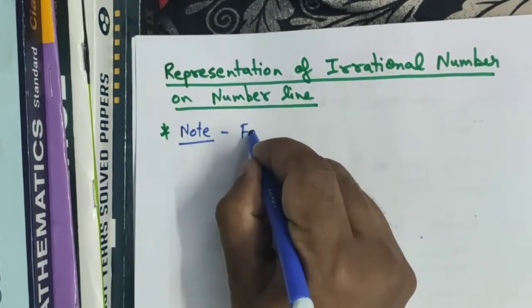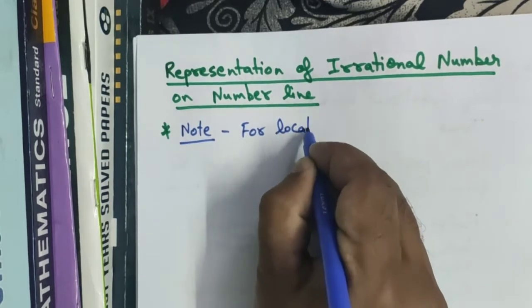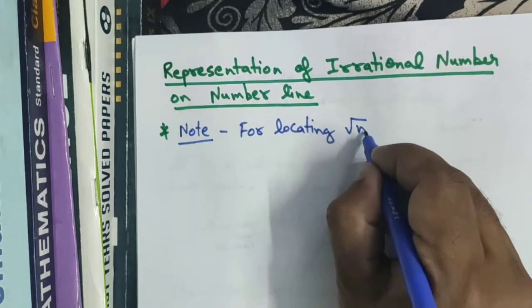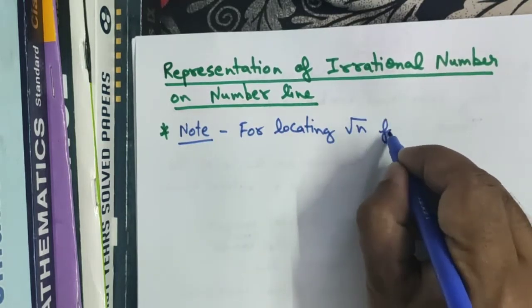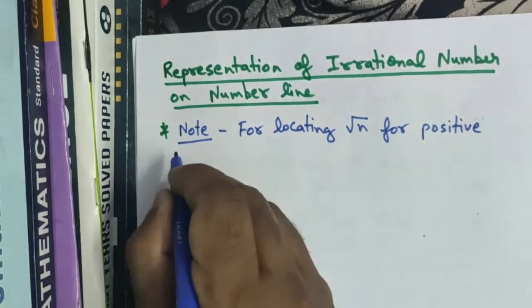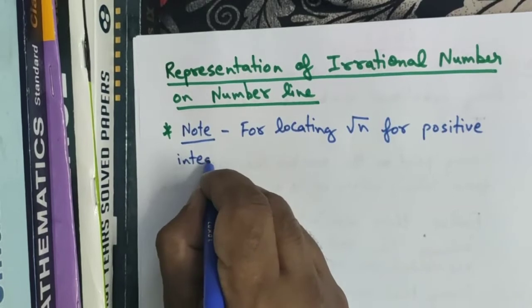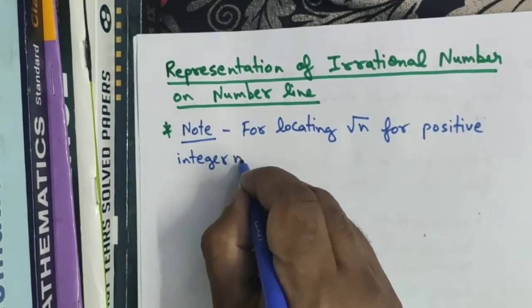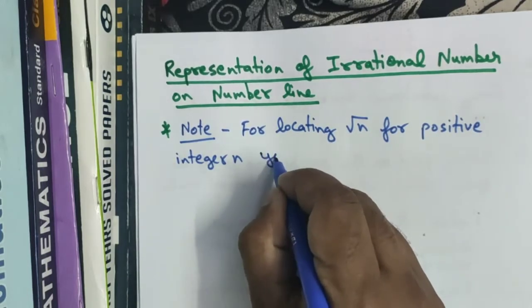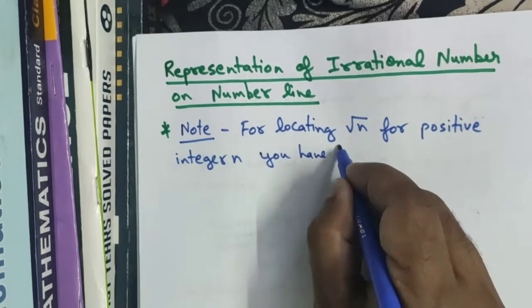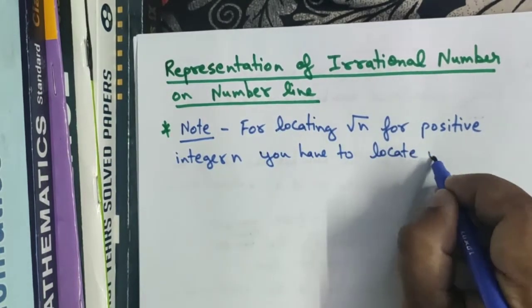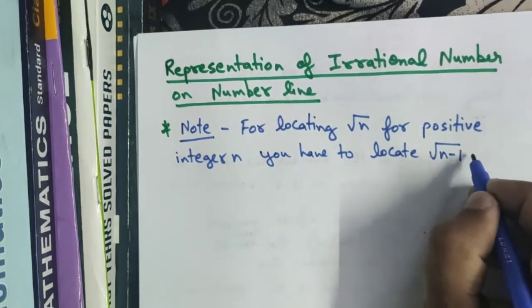For locating root of n, for positive integer n, you have to locate root of n minus 1 first.